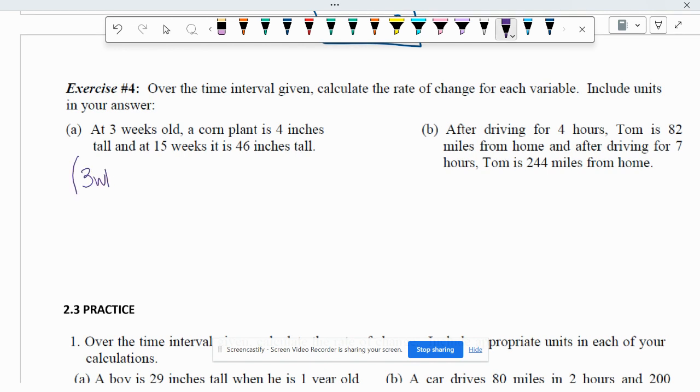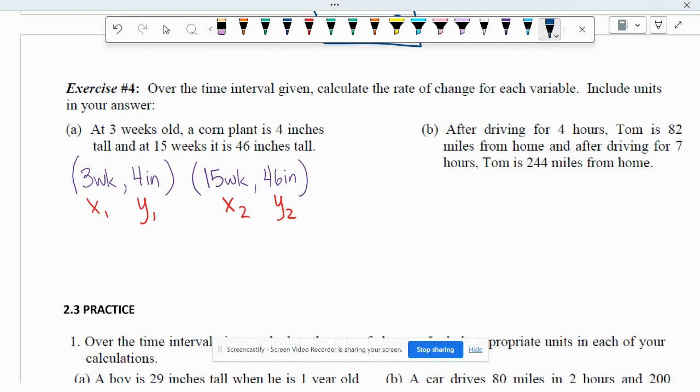Yeah, so 3 weeks and 4 inches. And what's my other ordered pair? 15 weeks and 46 inches. So x sub 1, y sub 1, x sub 2, y sub 2.